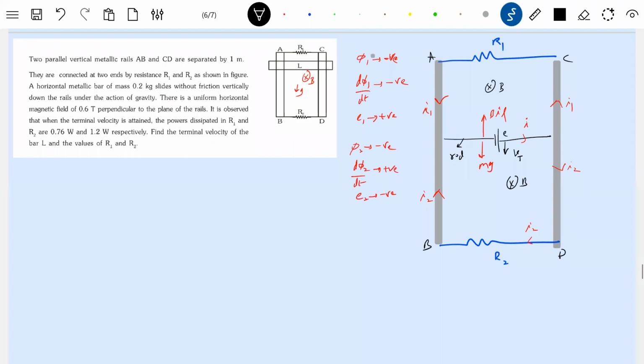First, I'll take help of this. BIL, capital L is given. Okay, yeah. BIL equal to mg, because it is moving with a constant speed, as we are discussing in this problem. So what all we know: BIL equals mg. I'm getting the expression for current. m is 0.2, into 10, B is 0.6.